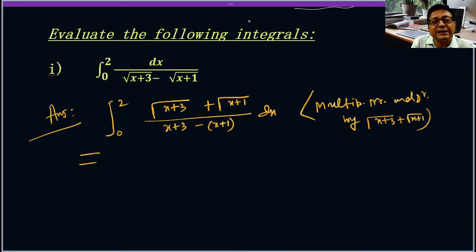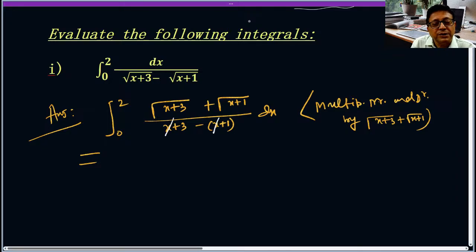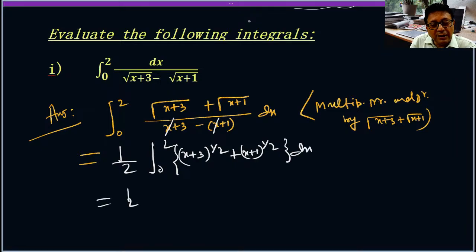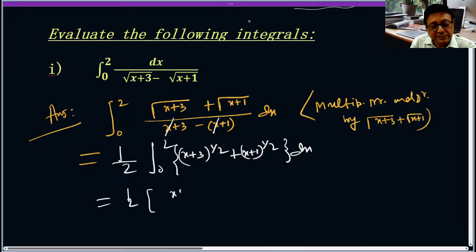Now x gets cancelled. So half is a constant, it will come outside. (x plus 3) to the power half, (x plus 1) to the power half dx. Half, this is what?